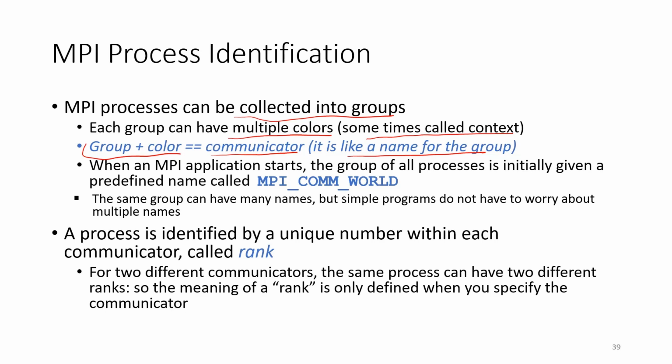But just to show you the role of the communication group or the communicator, when an MPI application starts, the group of all processes is initially given a predefined name called the MPI communication world. So it's the whole set of processes. The same group can have many names, but simple programs do not have to worry about multiple names.